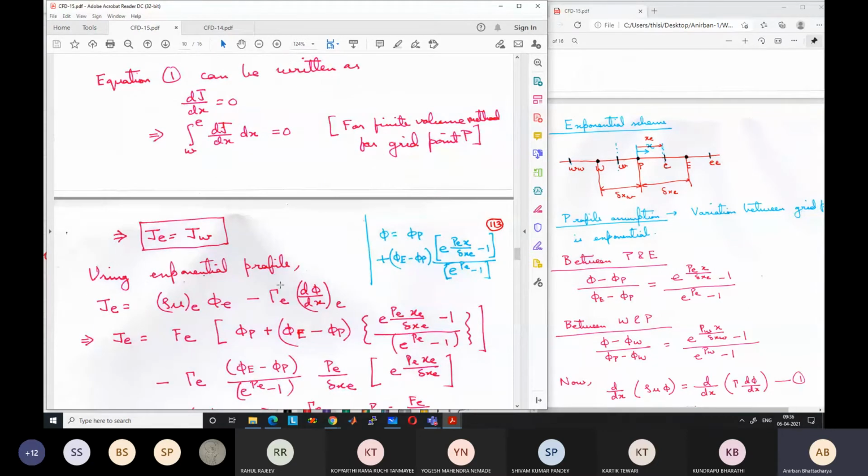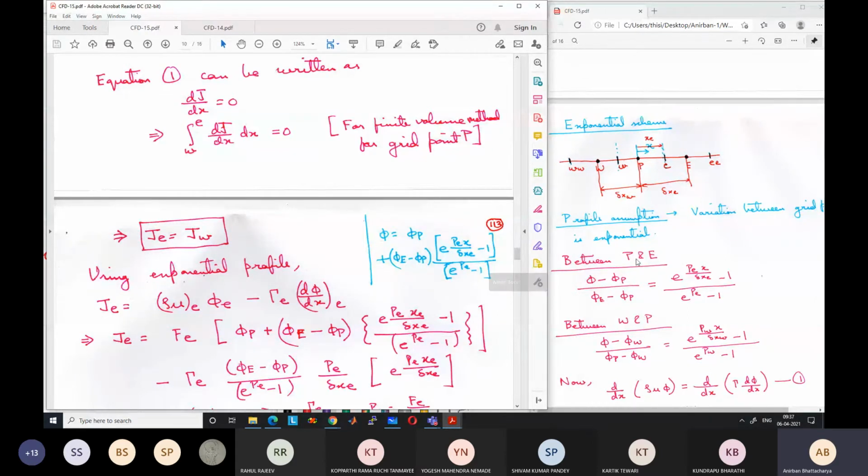Now phi can be written from this expression. Phi is equal to phi p plus (phi minus phi p) times (e to the power p x by delta xc minus 1) by (e to the power p minus 1). Same thing, just rearranging the terms so that only phi remains on one side and all the other terms go to the other side.